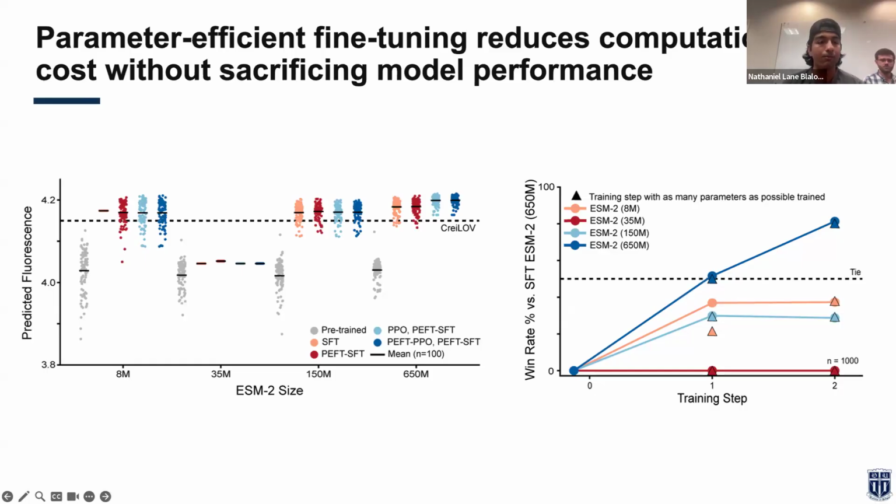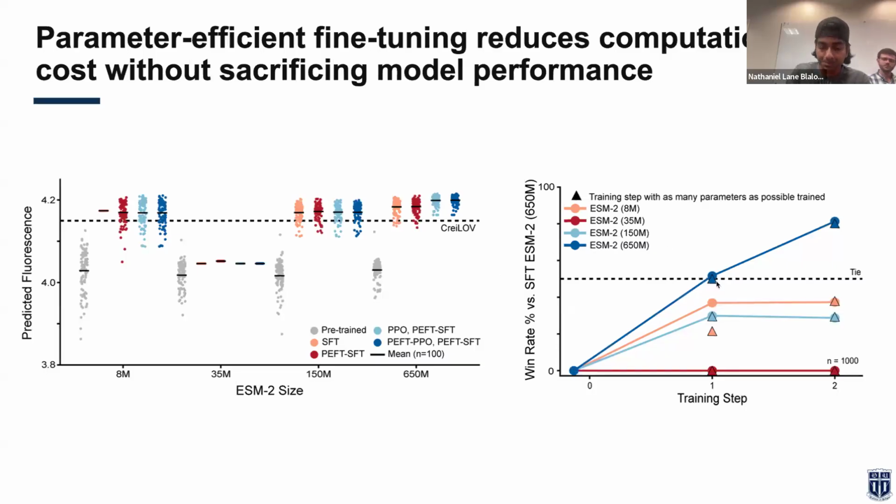We observed that from 8 million all the way up to 650 million, implementing parameter efficient fine tuning at both stages in RLXF leads to no degradation of model performance. And actually, in some cases, as you can see in the ESM 650 million regime, you get a slight increase in performance. So you get to balance the pre-training knowledge that you're leveraging with these state-of-the-art protein language models, but you also get to update some of the more important weights that make your model more amenable to the task at hand.